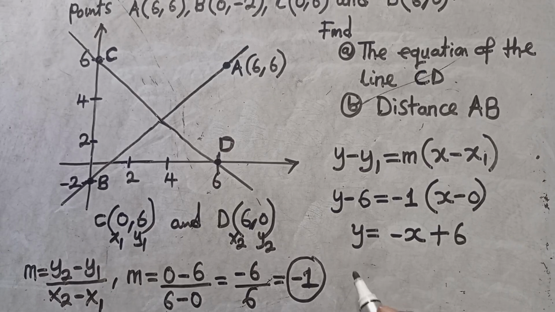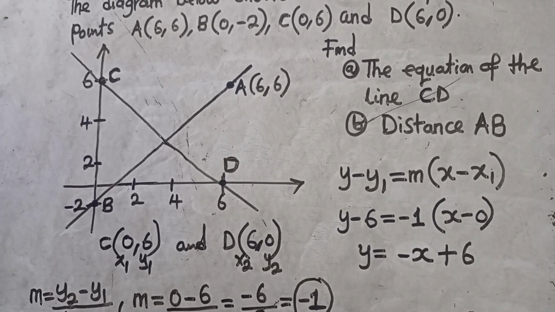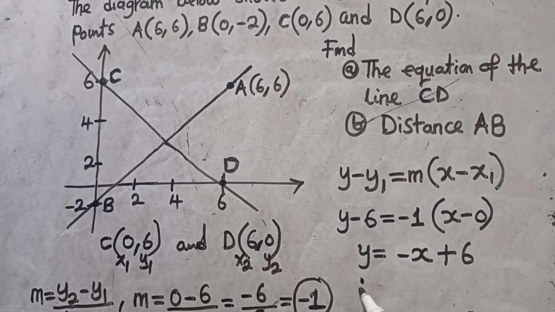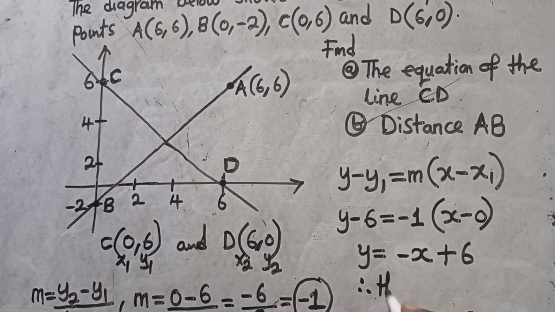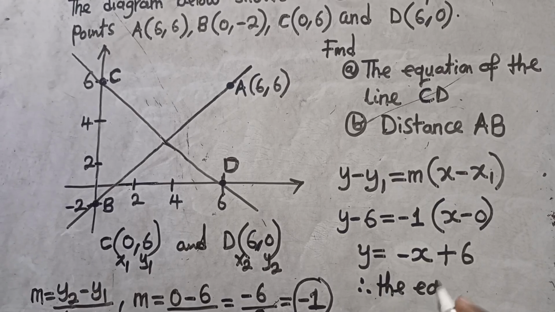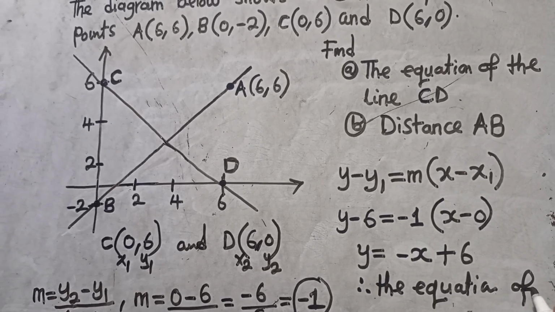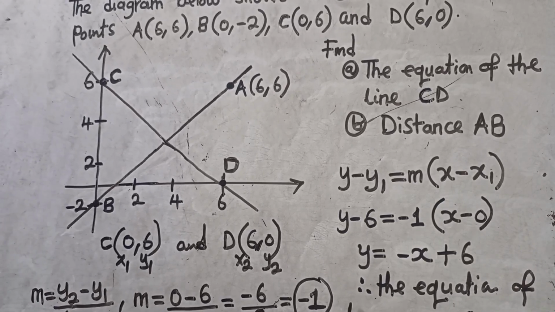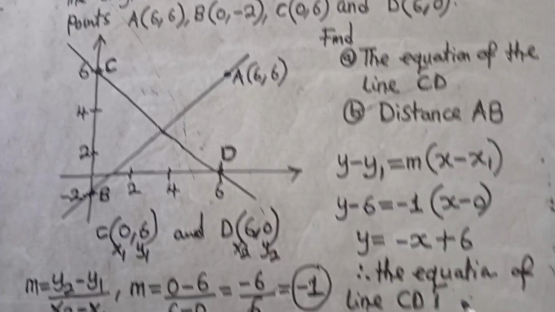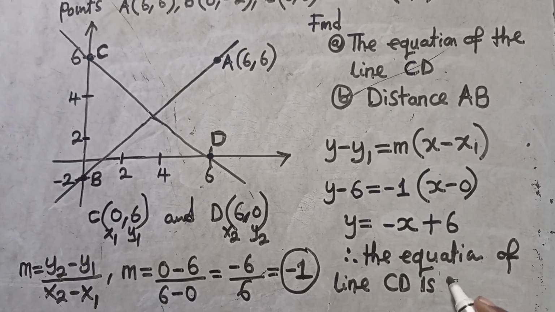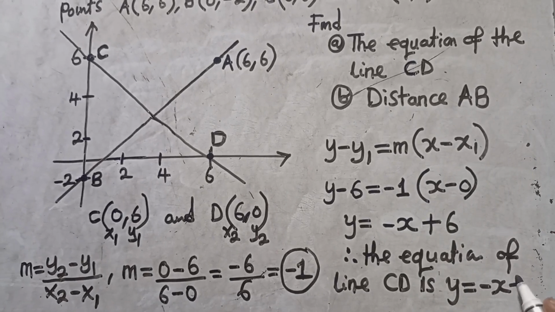So therefore, the equation of the line CD is y is equal to negative x plus 6.